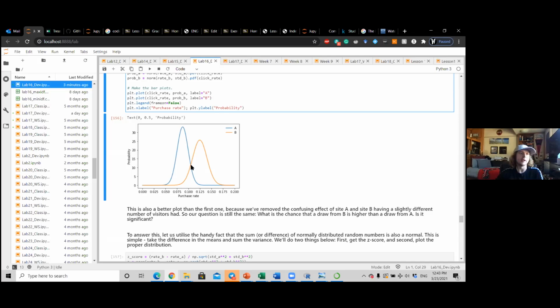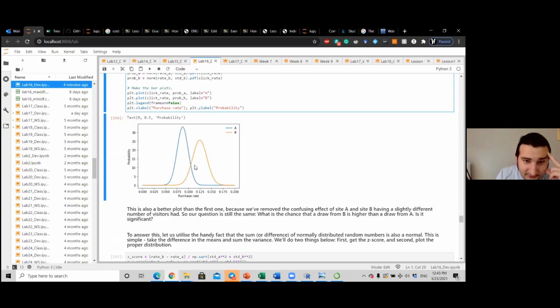Yeah, because they're meeting at a point. But if I move a little to the right and I come here, which model is better? Orange. B has almost 20% chance of giving me a purchase rate, but A is close to 0, maybe 1 or 2, right?